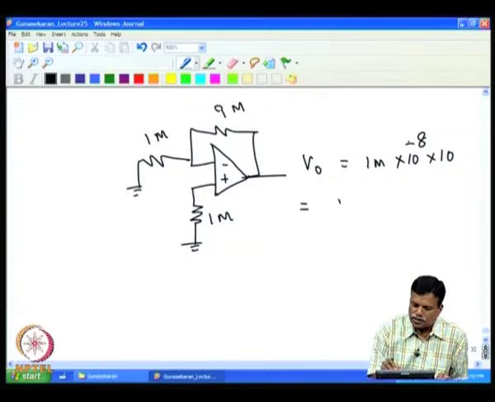So, that will be 10 power 6 into 10 power minus 8 into 10, that is 0.1 volt.